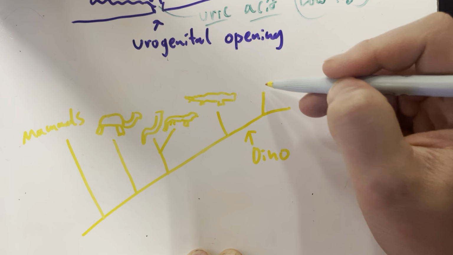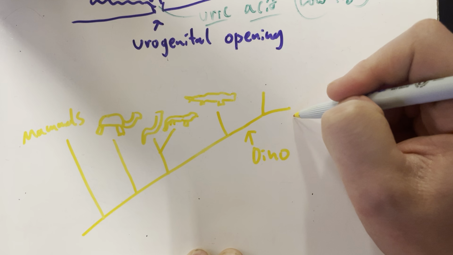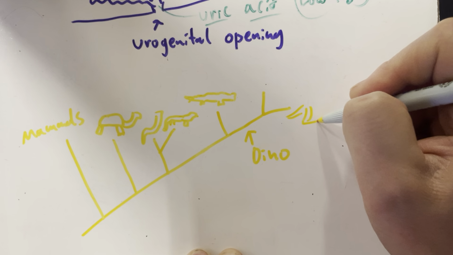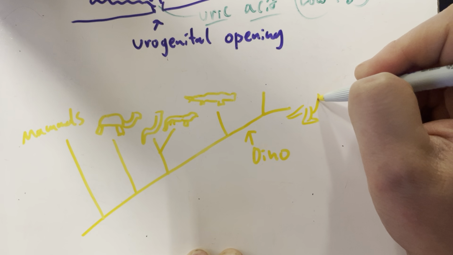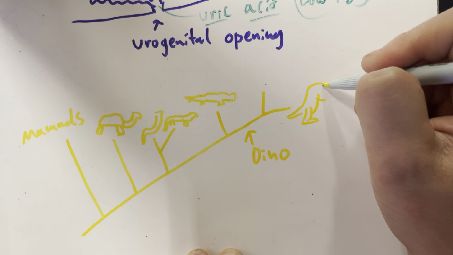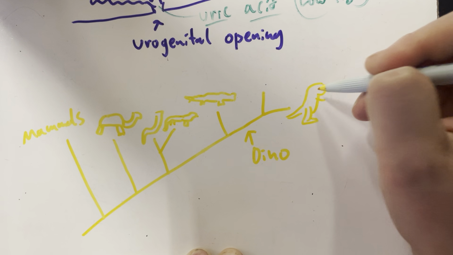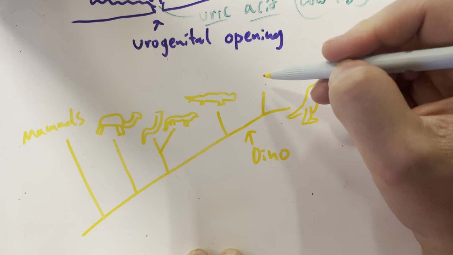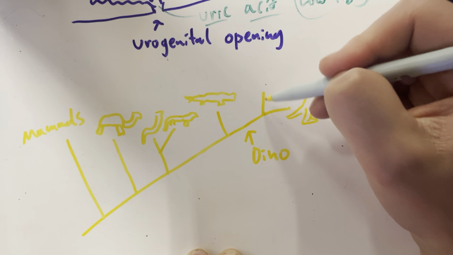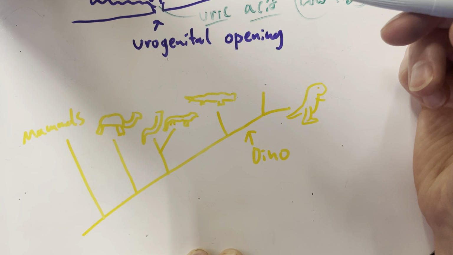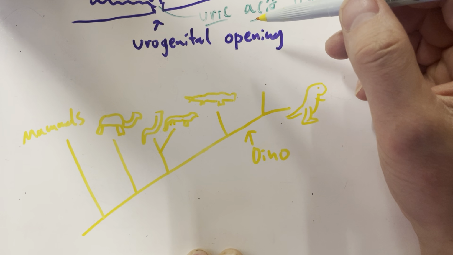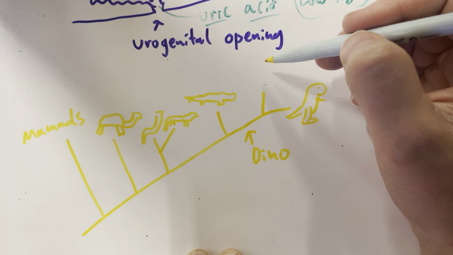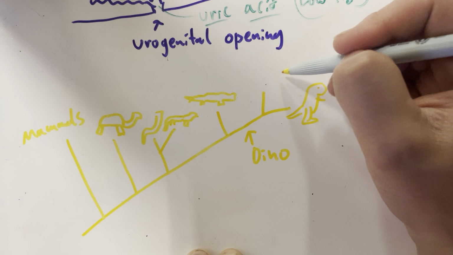And so down these two branches, you have things like T-Rex. That's an ugly T-Rex, but you get the point. And then the other major group on the dinosaur branch are the what? The birds.